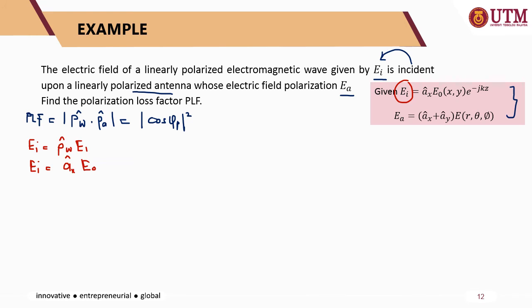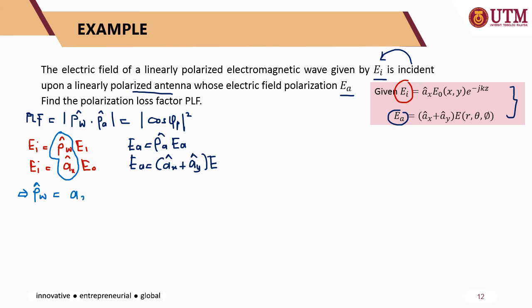For the antenna, the general equation is rho A multiplied by EA. Comparing with the given equation of EA, EA equals the vector EX plus AY E. So now we know that for the wave, the unit vector rho W is equal to the unit vector AX.